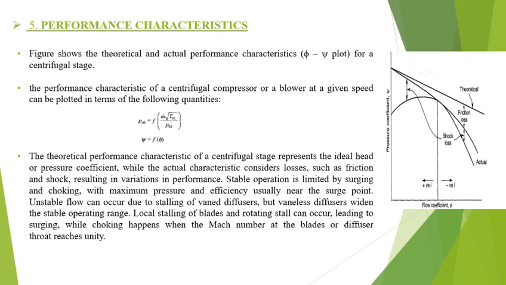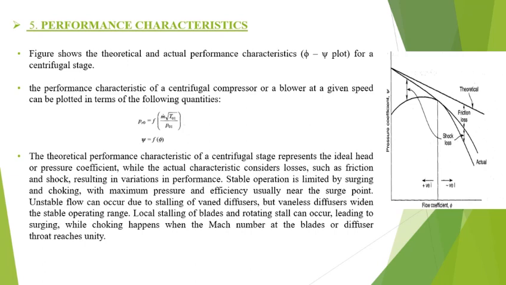Performance characteristic of a centrifugal compressor or a blower at a given speed can be plotted in terms of the following quantities. Flow coefficient is equal to f of (m dot root T01 divided by P01). Pressure coefficient is equal to f of psi.